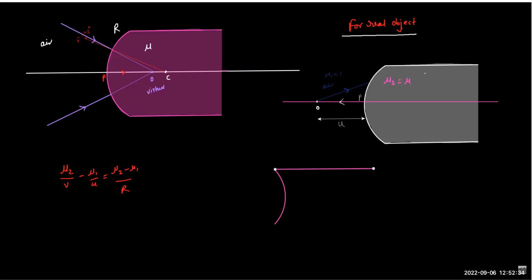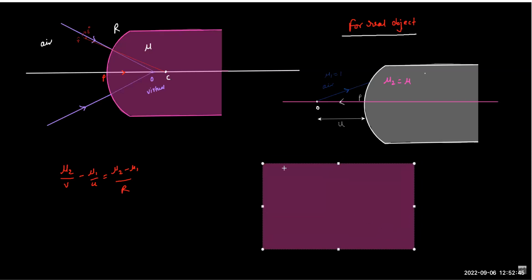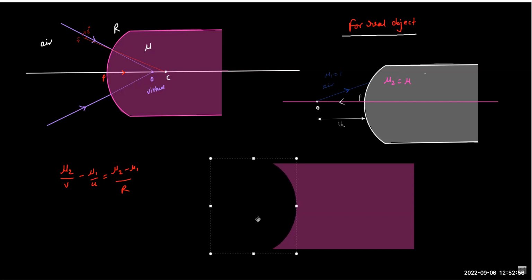And if I draw one more, I'll just change the shape this time. This is easy for me to draw. I can do it like this. Now, because I have changed the curvature, you can understand one thing.